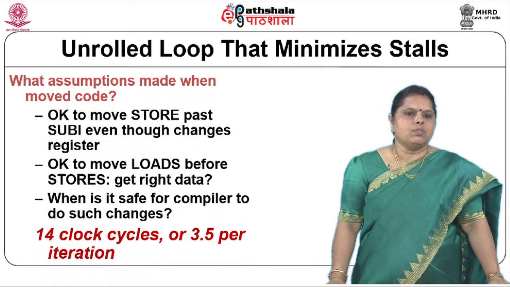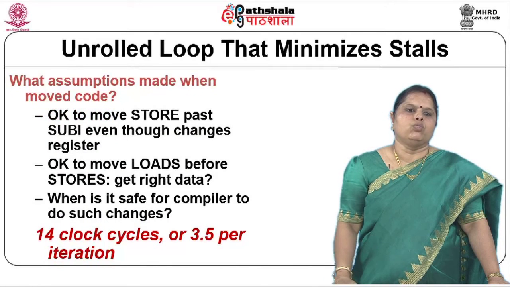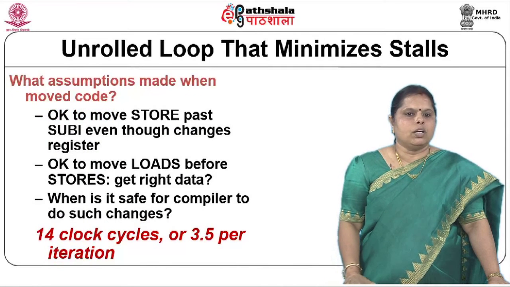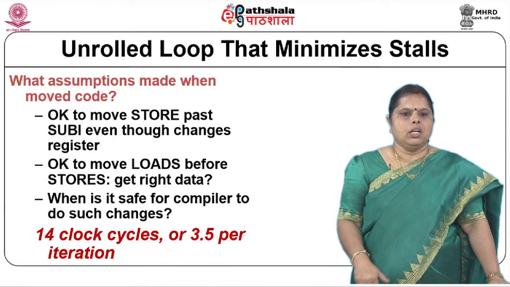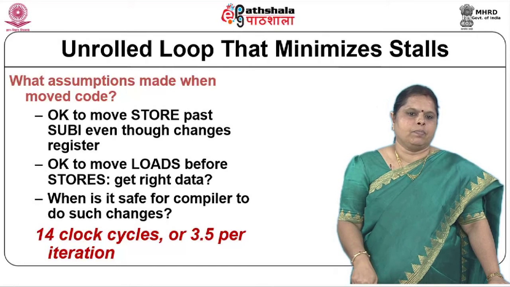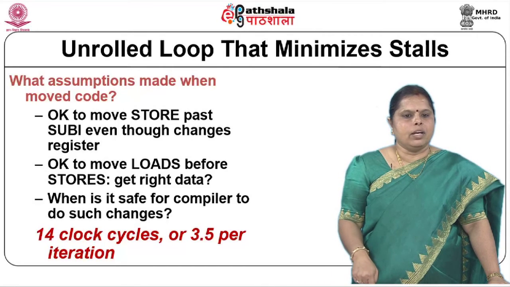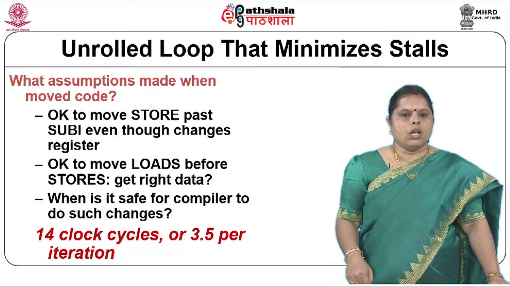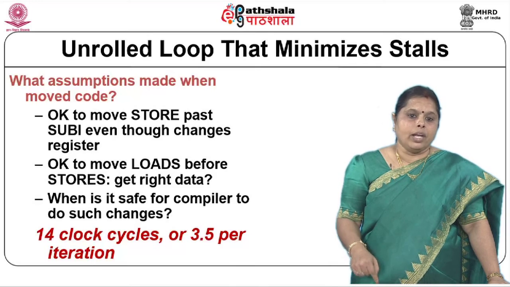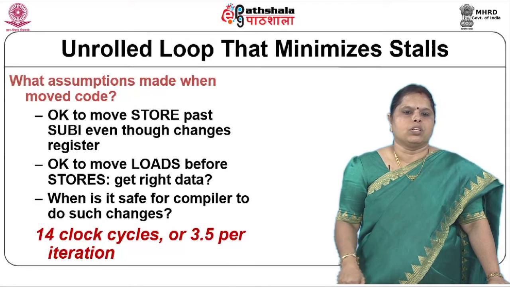So, what are the assumptions that we have made when we move this code? So, we assume that it is okay to move the store instruction past the sub instruction, even though it changes the register. And the second thing is, we have identified the fact that it is okay to move the loads before the stores, and we know that it will get the right data. And we will also have to look at when it is safe for the compiler to do such changes.